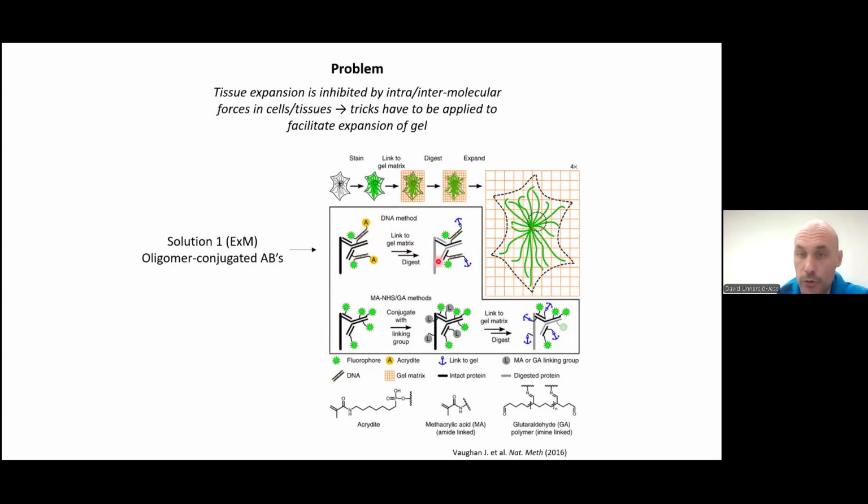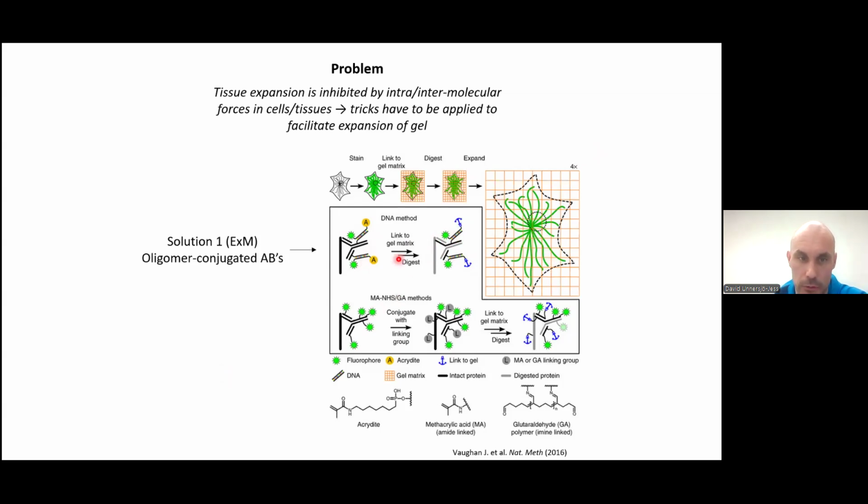In this way you can very harshly digest away your whole sample, and what you are left with is a fluorescent map of where your target used to be. And this gel you can now freely expand in distilled water. So that was the basis of the first protocol.